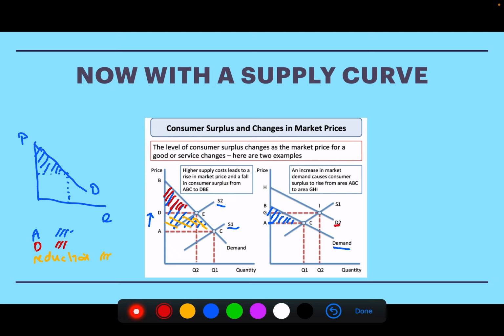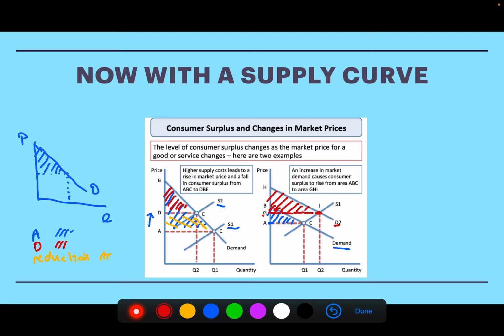That's why you've got to be really careful here. Our new equilibrium price is at G. So our equilibrium price has actually increased to G, and we're using this new demand curve. So we'll do our line here, and our consumer surplus is going to be that red area.